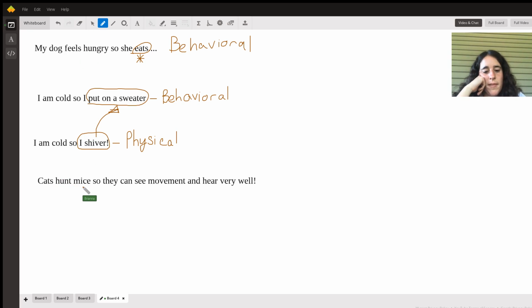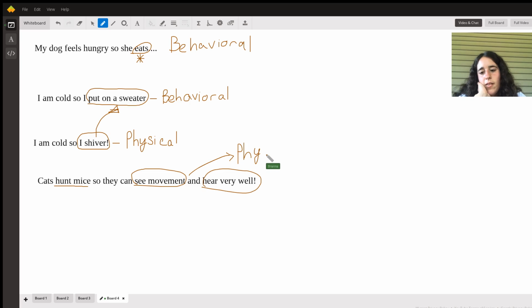So hunting mice is a behavioral choice, but developing the ability to see movement and hear well, those things are physical adaptations. Those animals, cats, develop the ability to see and hear well by evolving that way or by physically being that way.